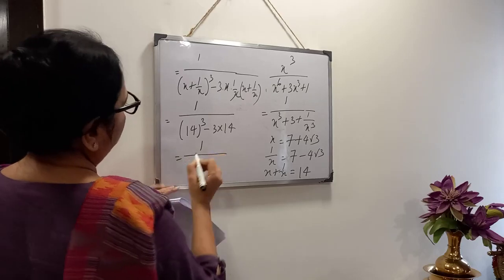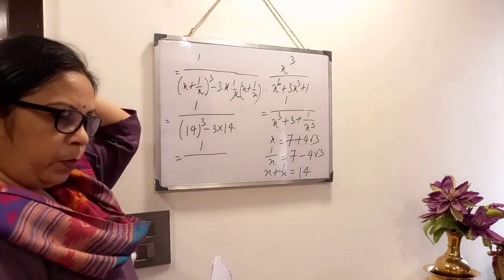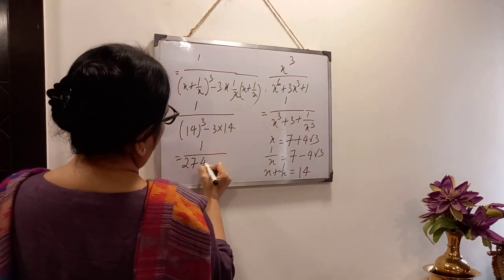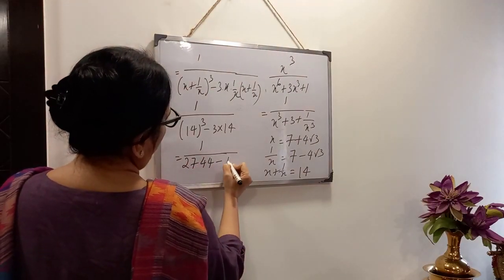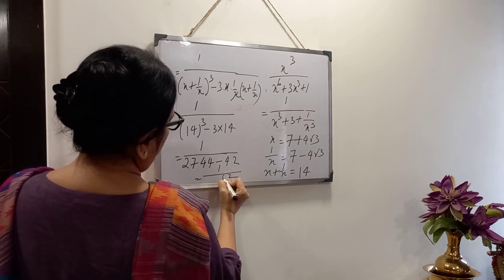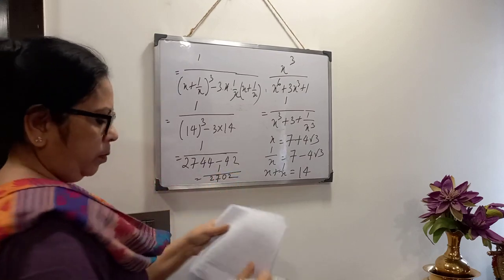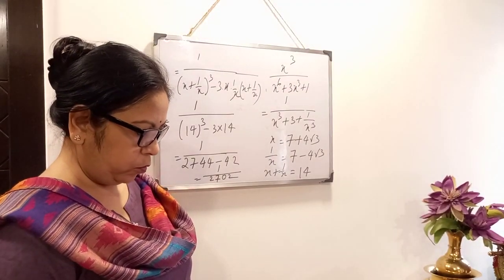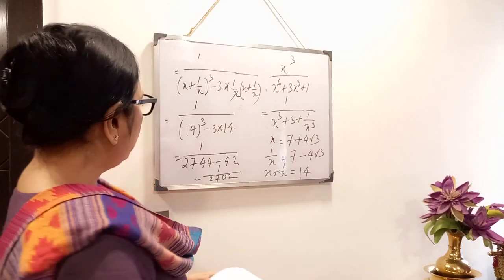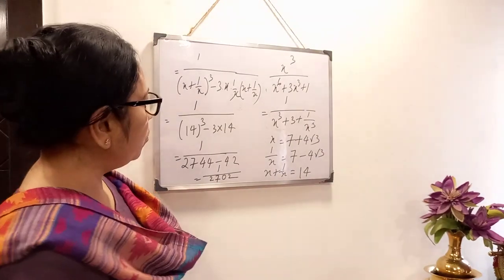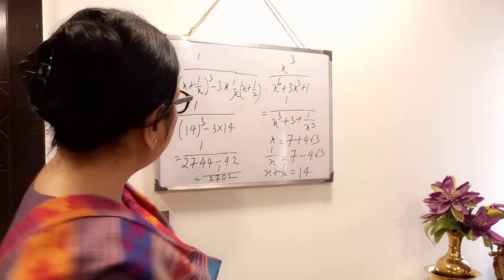Now this calculation already I have done. 14 whole cube means 2744. 2744 minus 42. Oh, plus 3 is there. Okay.